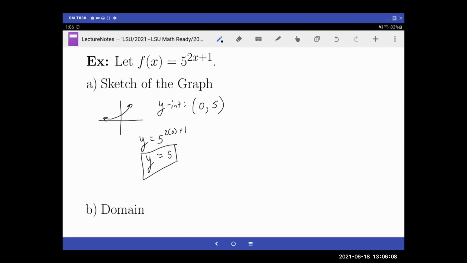Also, remember that they have a horizontal asymptote. This is the horizontal asymptote, and it crosses at 0, 1, 2, 3, 4, 5. So it looks something like that.